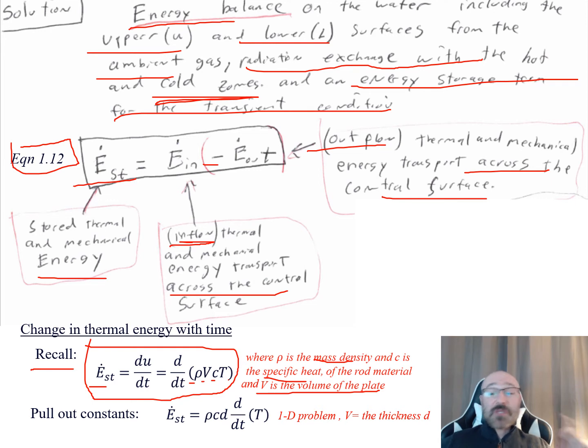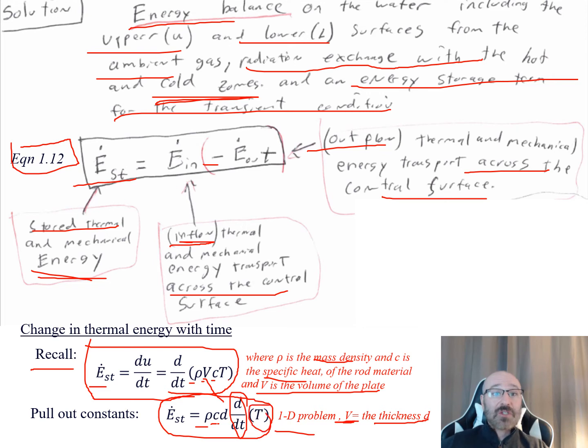For our specific problem, this is just 1D. So for a 1D problem, the volume of the plate is simply the thickness d. We can sub that out for our V, put in our d there, and pull out our constants. So we end up with this relationship that our E dot ST, or our stored thermal and mechanical energy, is equal to rho c d times dT/dt, or change in temperature with respect to time.